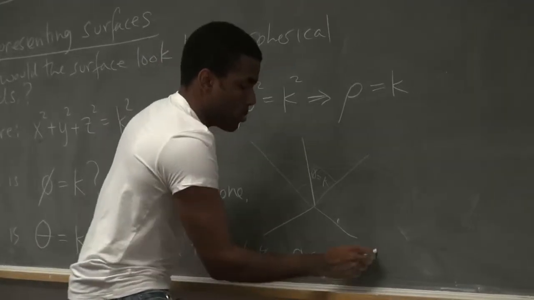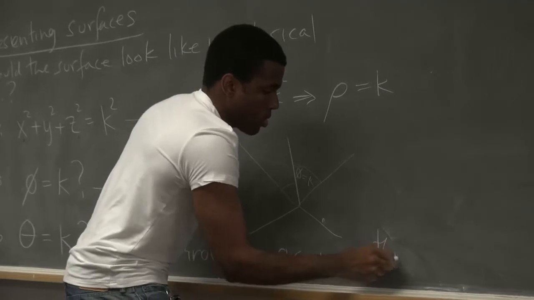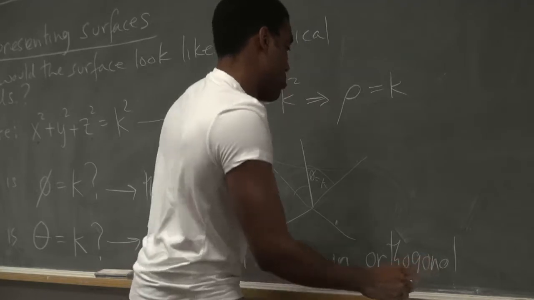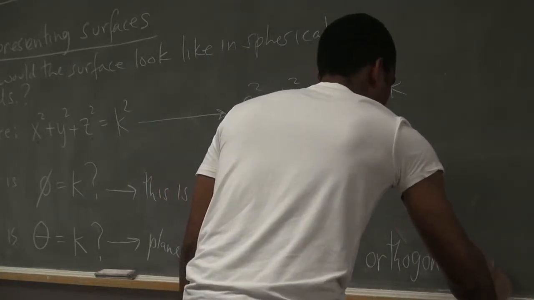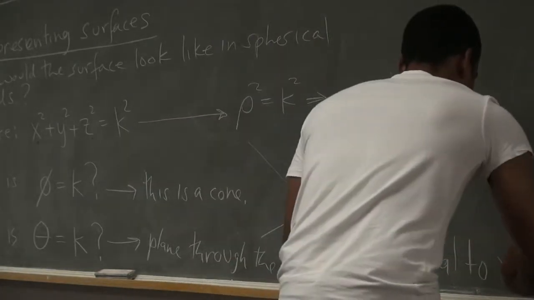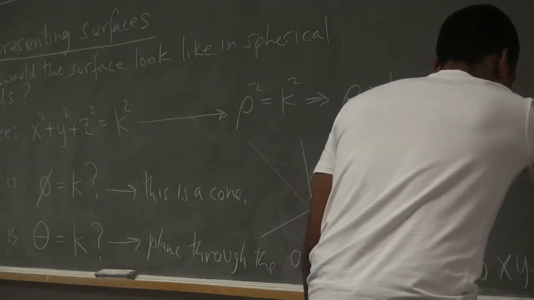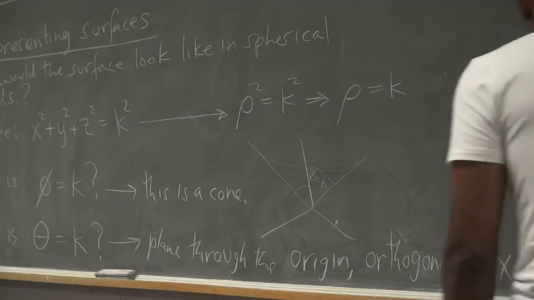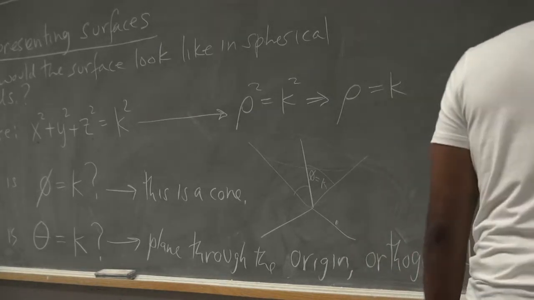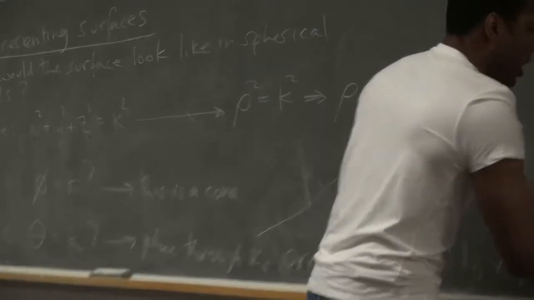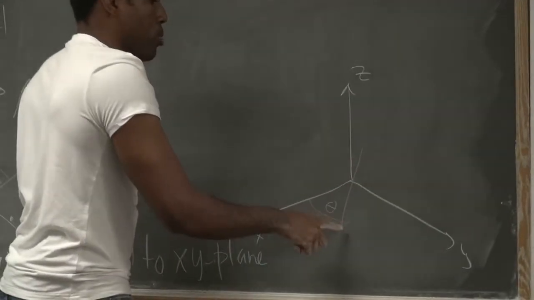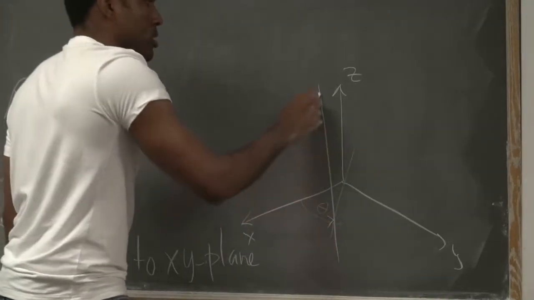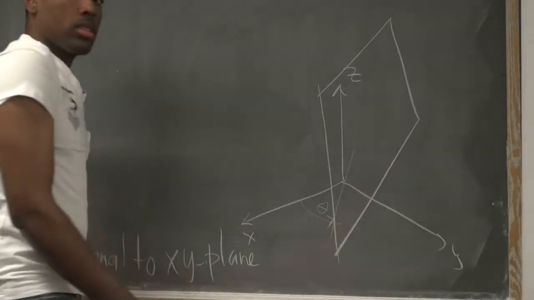And it's orthogonal to the xy plane. So if you measure your angle theta here, you want all points that have that angle theta from the positive x-axis. Well, that would just define a plane.